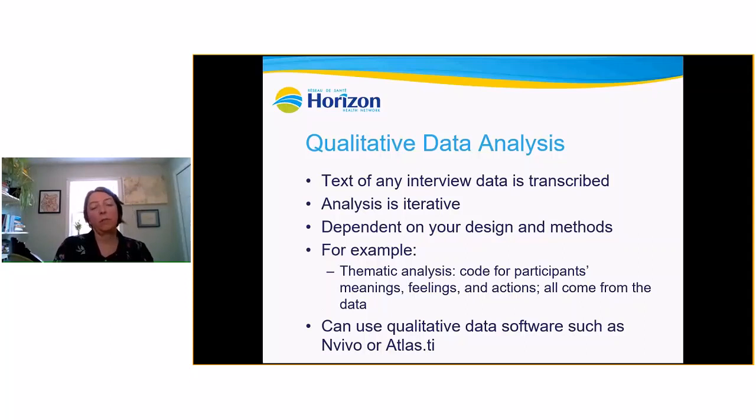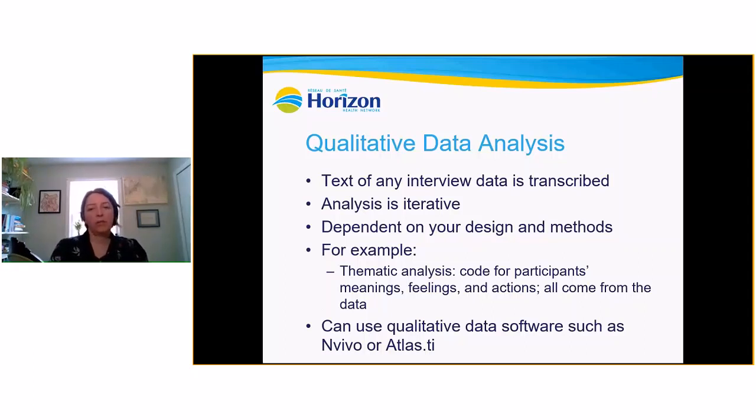I will say that the example I've given is thematic analysis, because that is the most common form of analysis that you'll see, because most of the qualitative data collected will probably be interviews, focus groups, that kind of thing. And what you're really doing there, and I'm not getting into it too much, but there are lots of great books that delineate how to code.